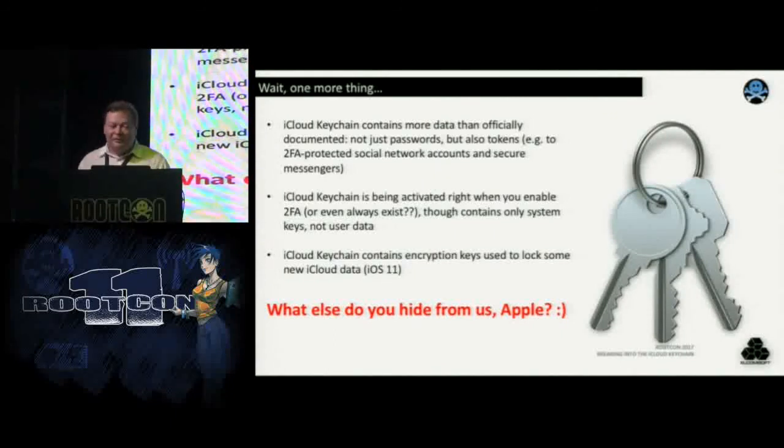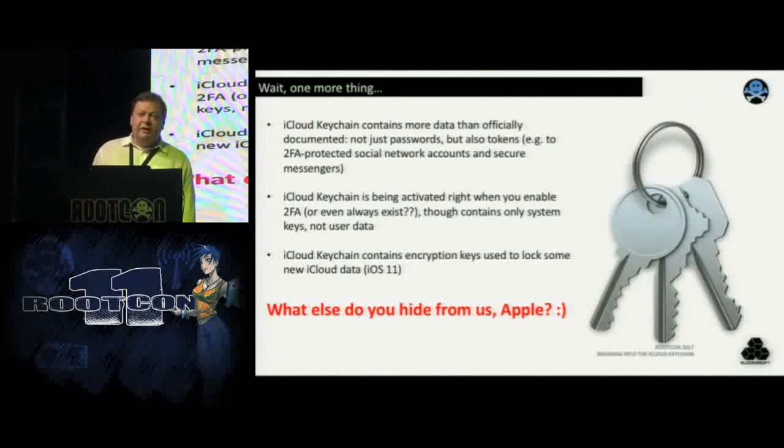And sorry, a couple of things more. As I mentioned, the iCloud keychain contains more information than documented by Apple. It also includes some of the authentication tokens, and it will be a very good source to access the social network accounts.